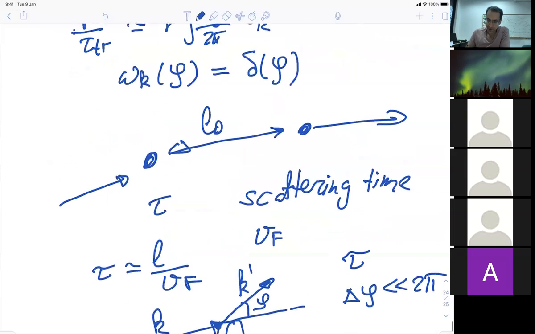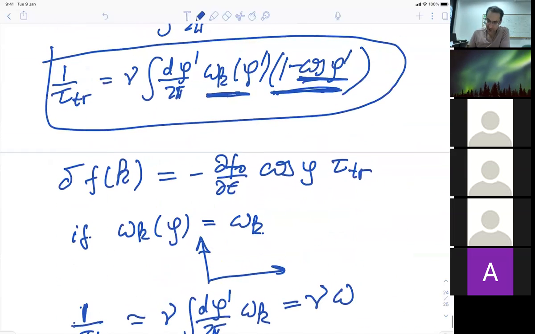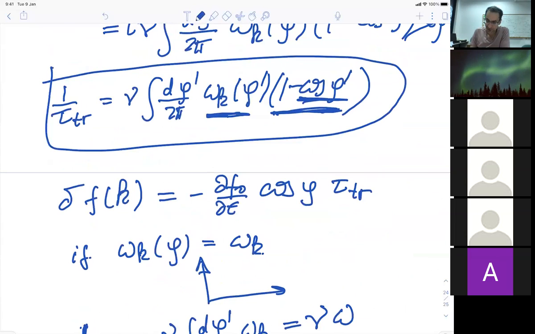So this 1 minus cosine is precisely about that story. If the scattering probability is angle independent, which means you more or less randomly scatter into all possible directions, then you can forget about this cosine, or mathematically the cosine averages to 0, and tau transport and the scattering time are the same.